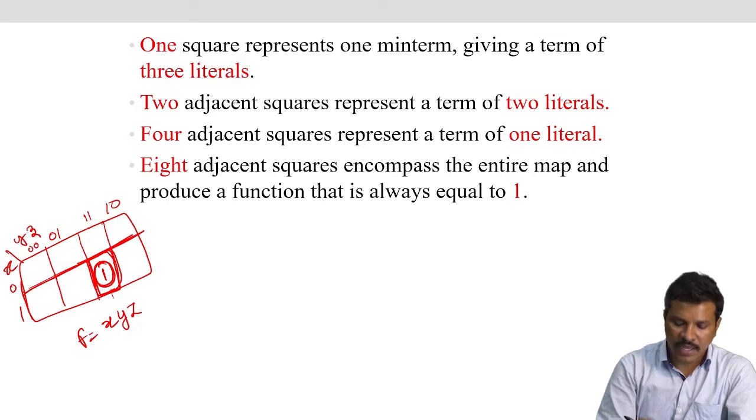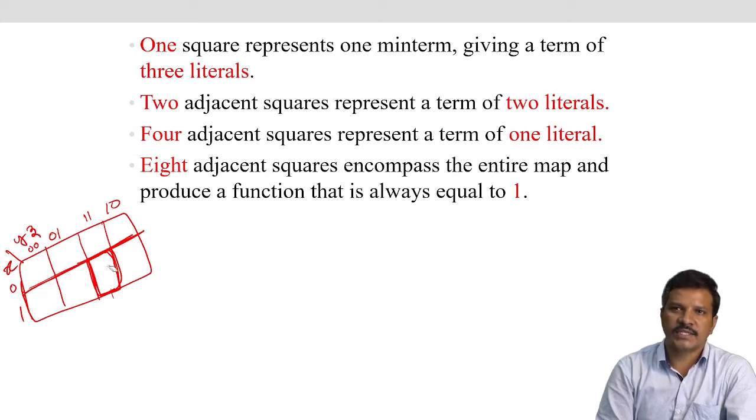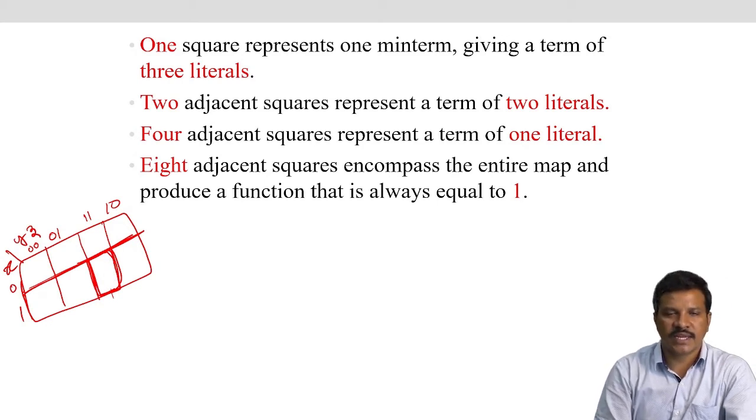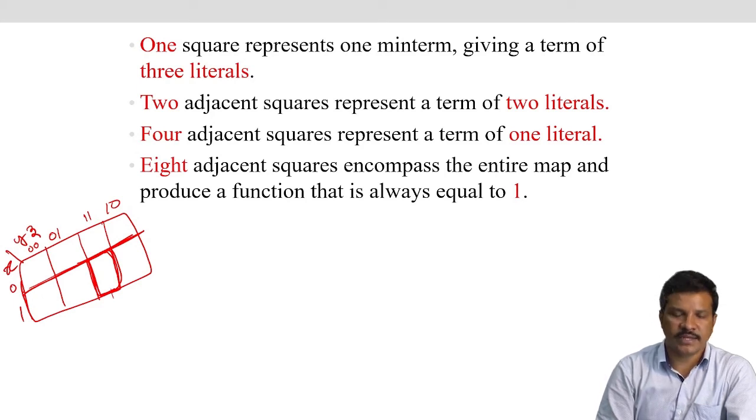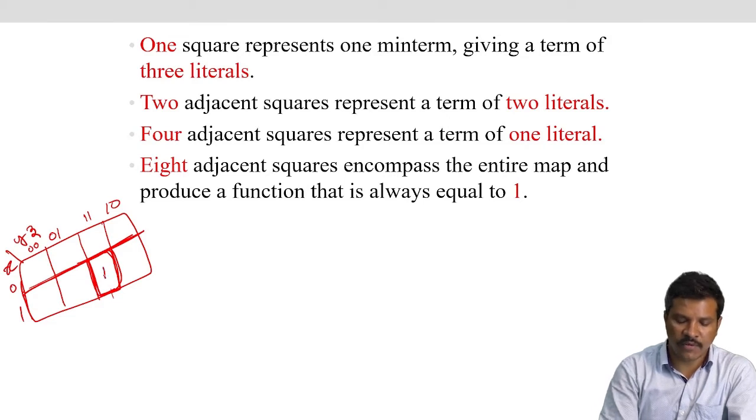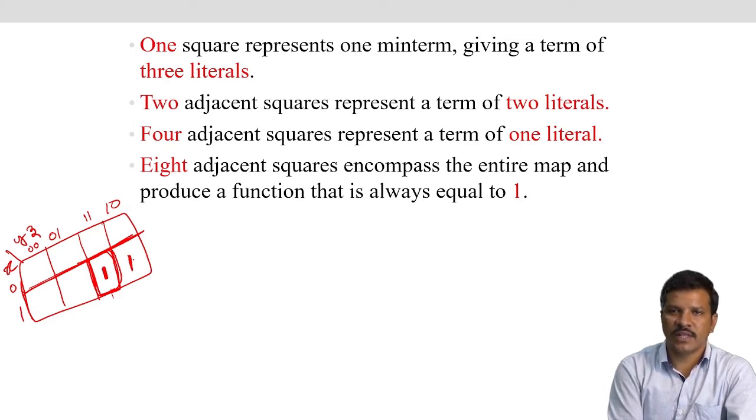Suppose in this same example, I am taking 2 adjacent squares, and those minterms exist in the Boolean function. 2 adjacent squares represent a term of 2 literals. For example, there is a minterm that exists in the Boolean function, we can consider it as 1 in the box. Another minterm, we can also consider as 1 in the box.